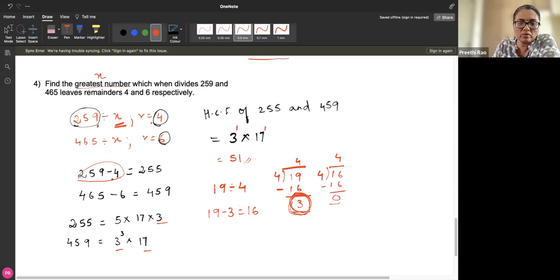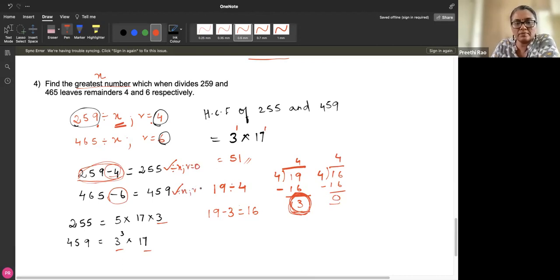So once I have removed whatever was remaining extra, so I removed the 4 and I removed the 6, now 255 is divisible by x and 459 is also divisible by x. If I divide 255 by the number we want, we'll get remainder 0, and 459 also will get remainder 0.